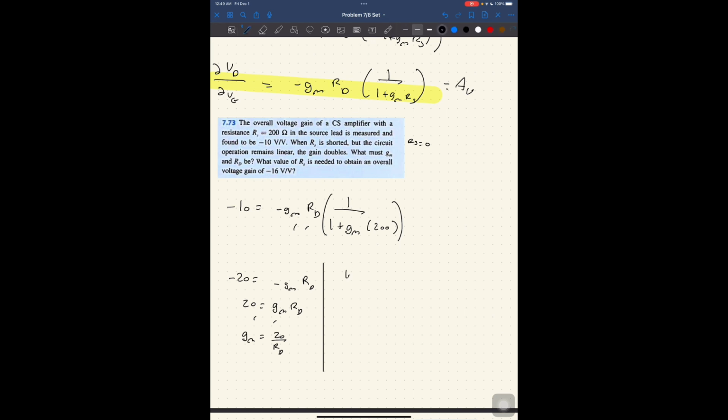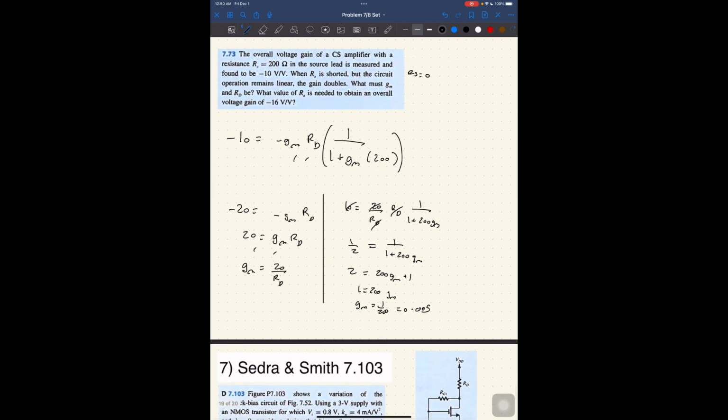So 10 is equal to 20 over RD times RD, 1 over 1 plus 200 GM. Cancel, 10 over 20 is 1 over 2, is equal to 1 over 1 plus 200 GM, so 2 is equal to 200 GM plus 1, so 1 is equal to 200 GM, so GM is equal to 1 over 200, which is equal to 0.005. So GM is equal to 0.005.